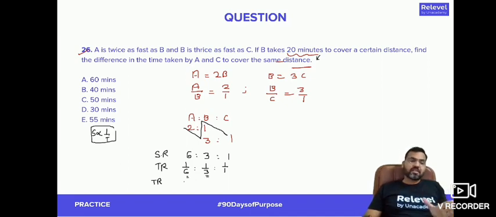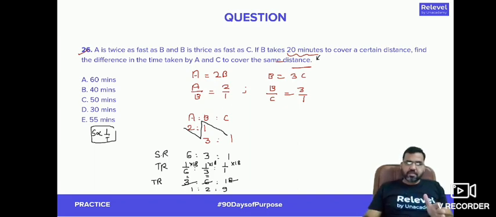Let's take it as 18. If I multiply the entire ratio by 18, I'll get the integral ratio. This would be 3 ratio 6 ratio 18, which is, you can see, 1 ratio 2 ratio 6, right?